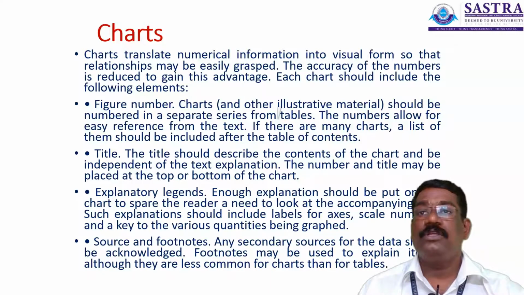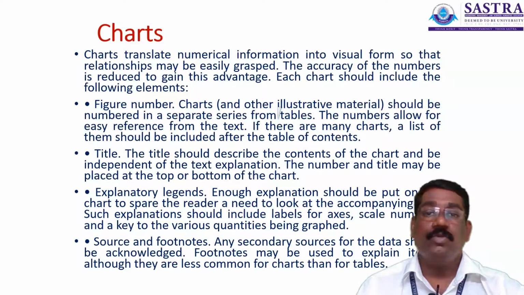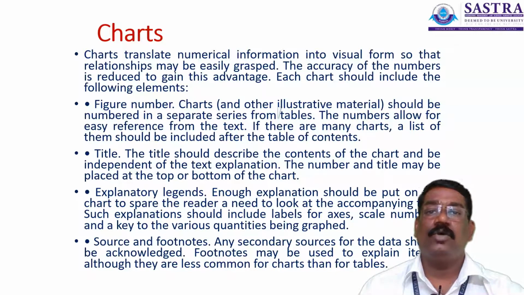And also the source and footnotes: any secondary sources for the data should be acknowledged. Footnotes may be used to explain items. Also, they are less common for charts than for tables.